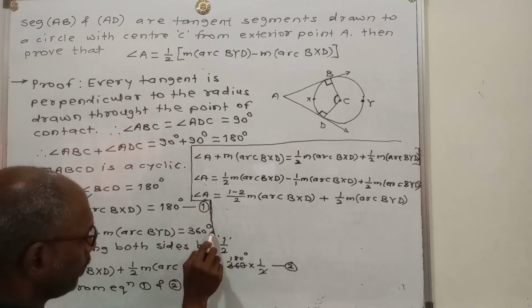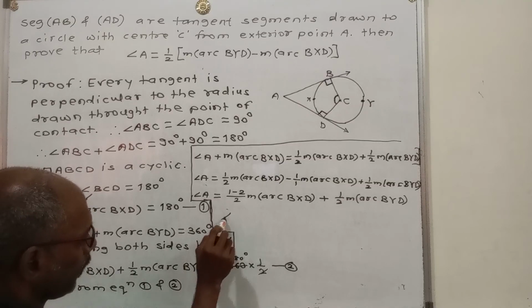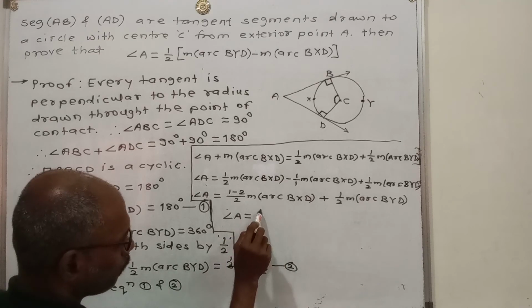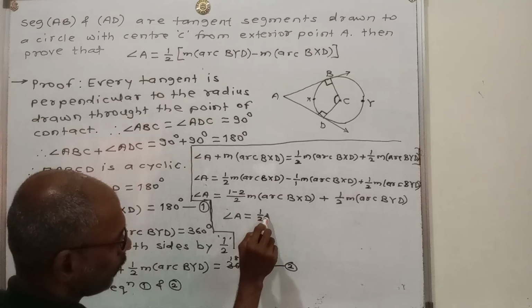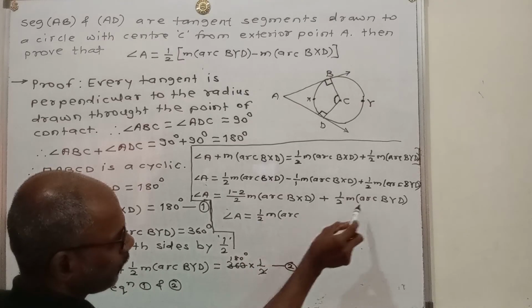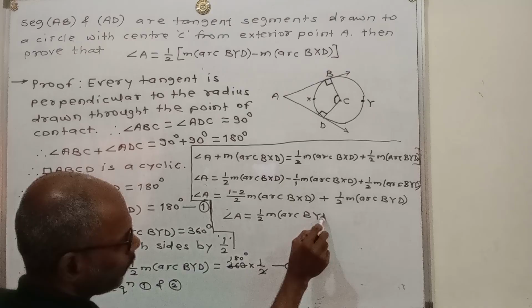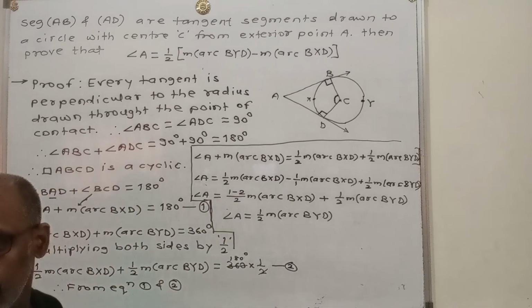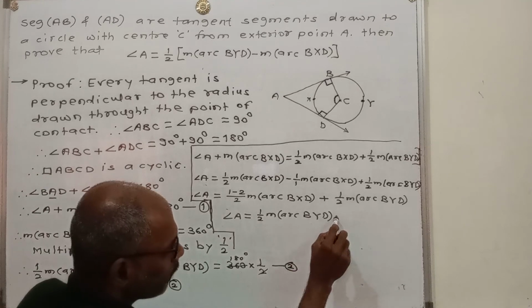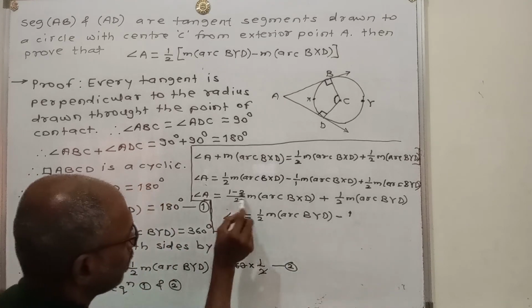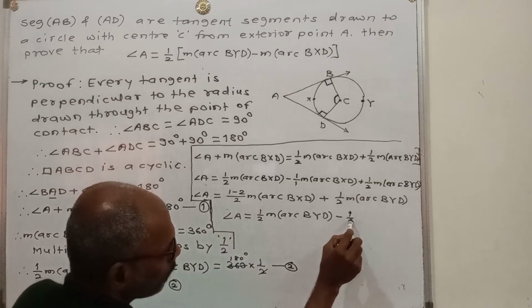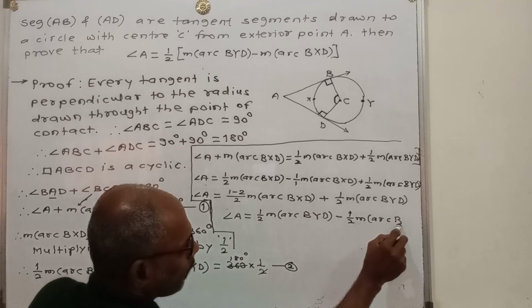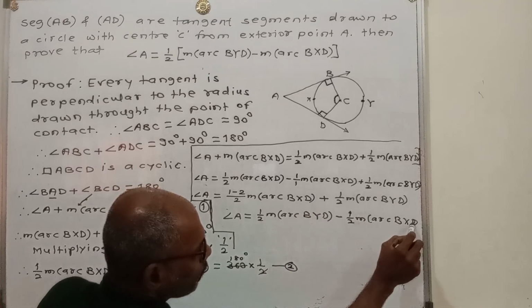Now angle A is equal to 1 upon 2 major arc BYD, then 1 minus 2 is minus 1, minus 1 upon 2 major arc BXD.